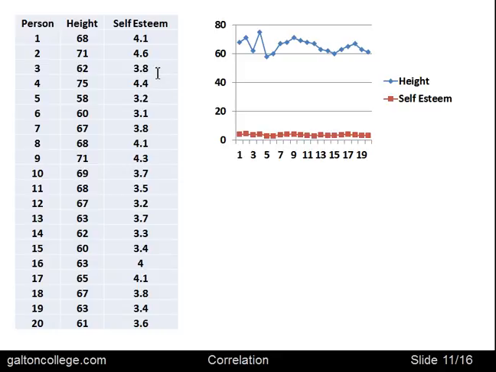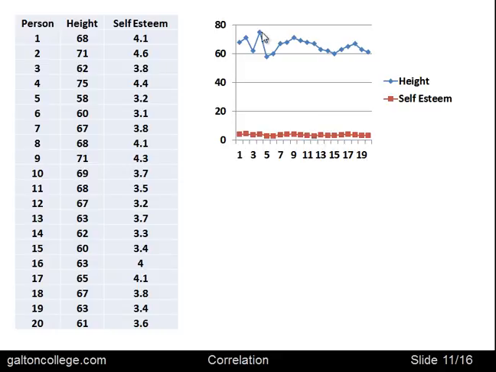Now if we chart these, we'll find this arrangement here. It's a bad chart because we can't really see what's happening along the self-esteem one. It's just bouncing along the bottom here. You can't really see the variations in it. It looks like almost a straight line. So it's not very good.